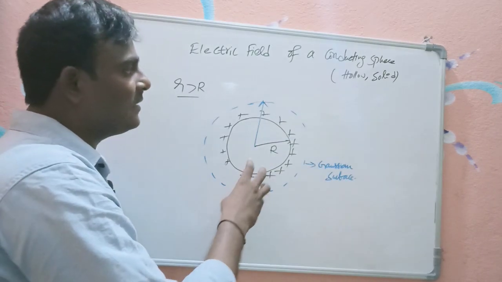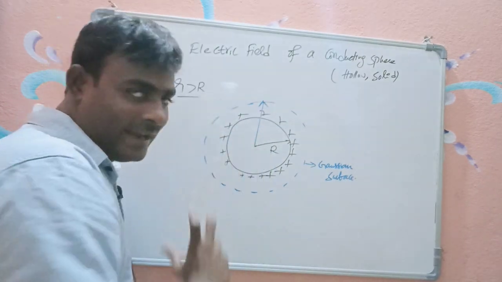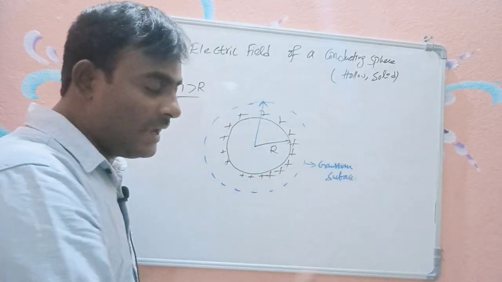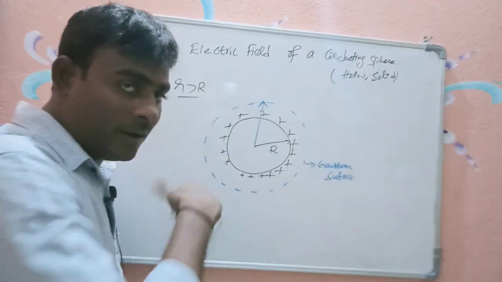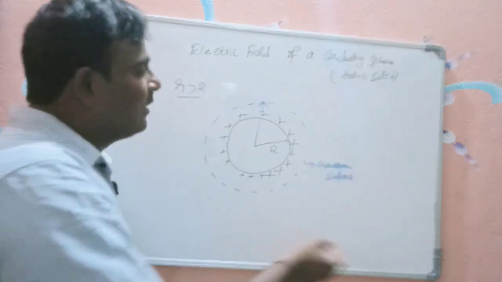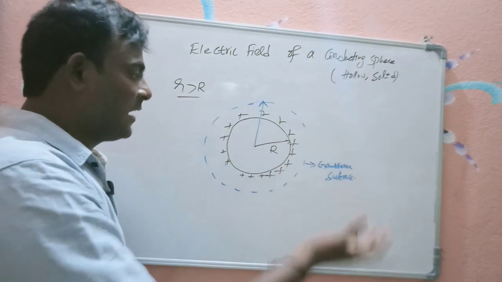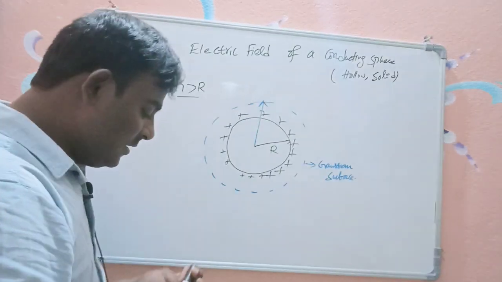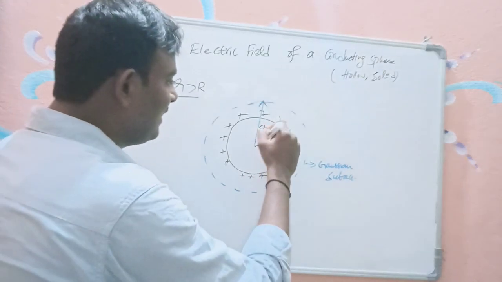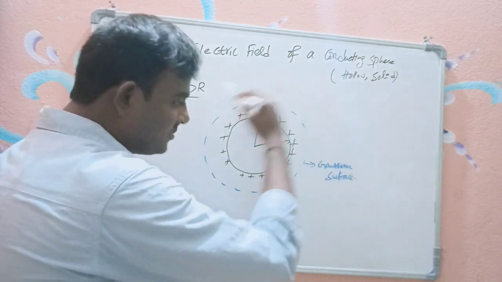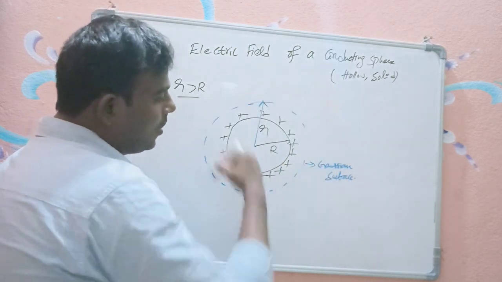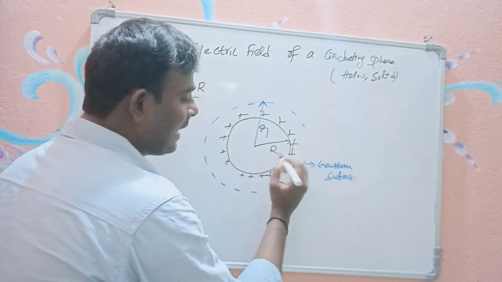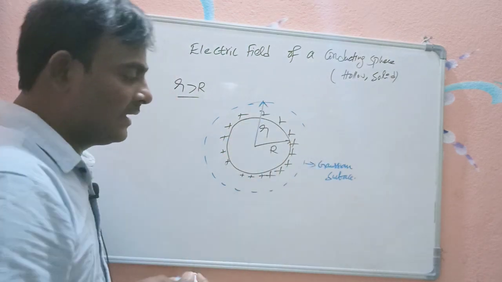A hollow sphere or a solid sphere is the conducting object. Now, how can you select a Gaussian surface for this conducting sphere? It is another sphere with radius less than or greater than that of the conducting sphere. So, what is this radius? Here the radius of the Gaussian surface is greater, and capital R is nothing but the radius of the conducting sphere.